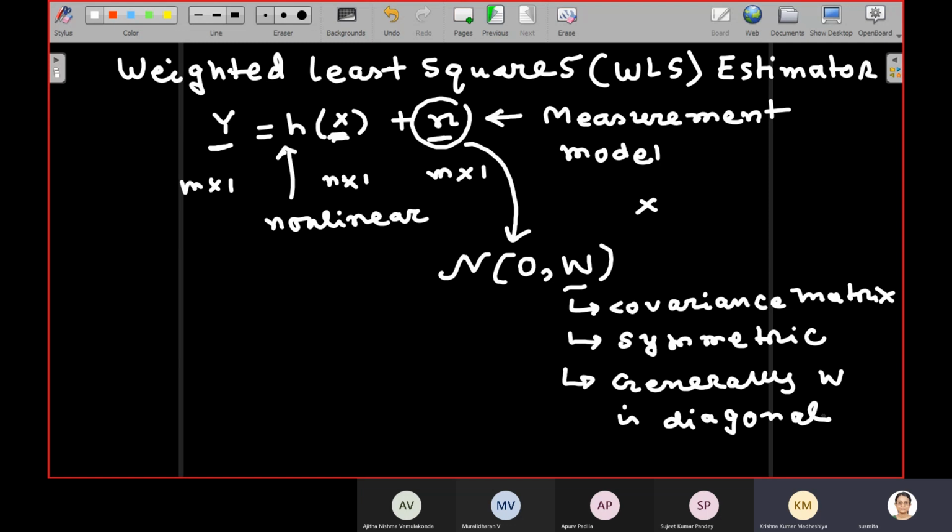Okay, now we assume some guess for x. So let's say x hat is the guess of x. Okay.